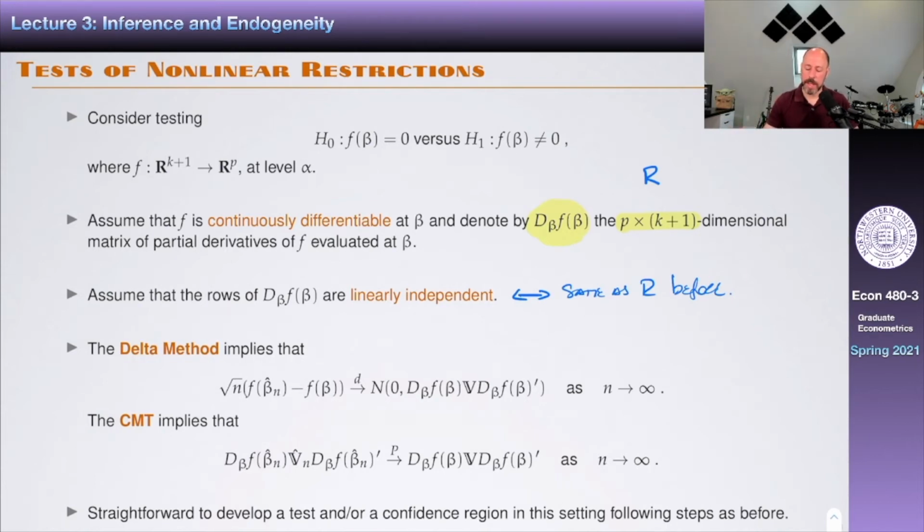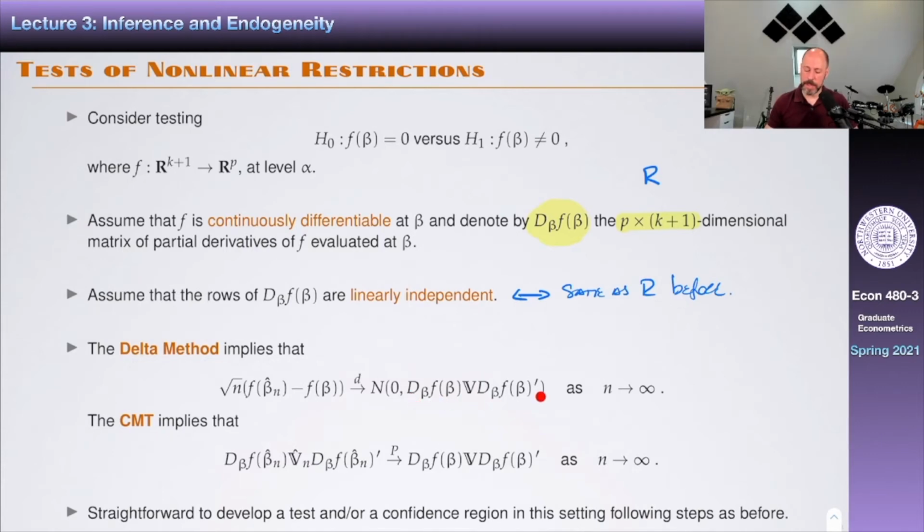In the nonlinear case, it's some other object, but conceptually it's exactly the same. Then the delta method gives us that square root n times f of beta hat minus f of beta converges in distribution to a normal with mean 0 and variance D Sigma D prime, which again is exactly the same as what we had before with R.